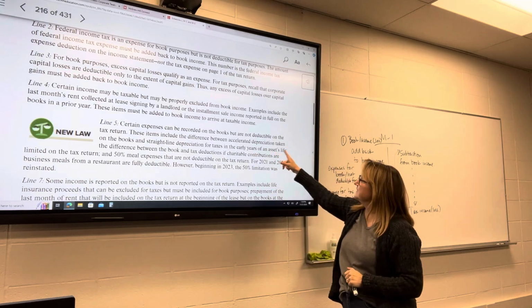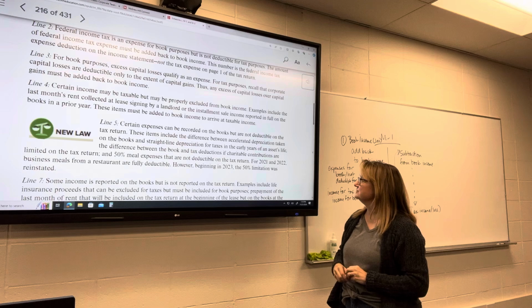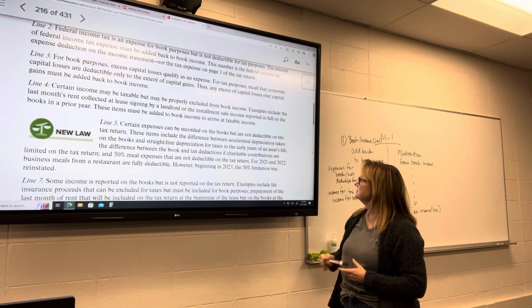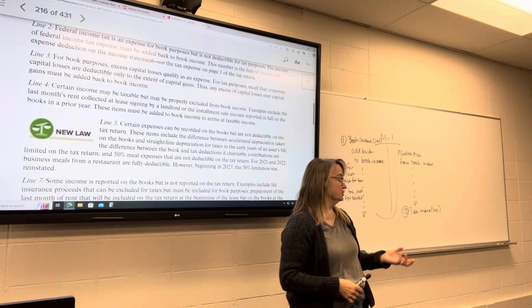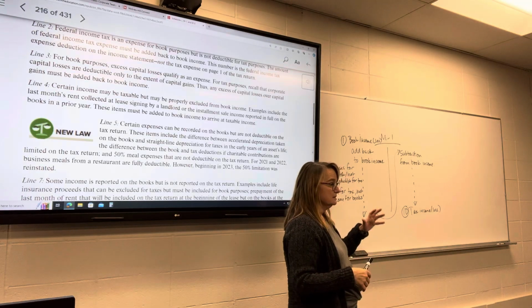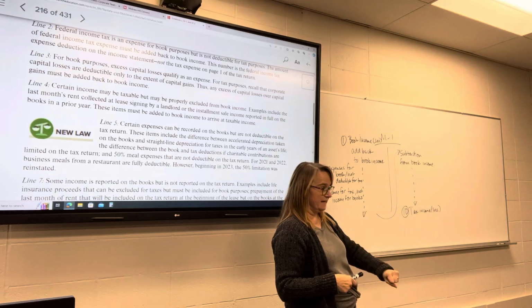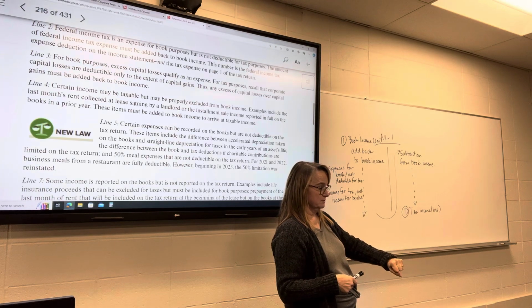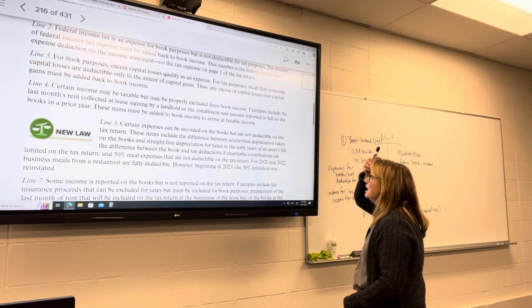The difference between accelerated depreciation taken on the books and straight line depreciation for taxes in the early years of an asset's life. So any type of depreciation where we had a greater amount of depreciation on our books, but less on the tax return, because there's going to be a difference because we're using different depreciation methods.